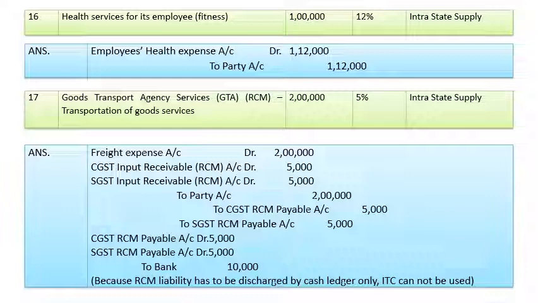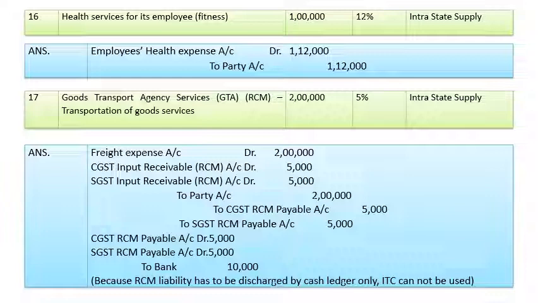Once again I am repeating the entry: freight expense account debit 2 lakh, CGST input receivable RCM account debit 5,000, SGST input receivable RCM account debit 5,000. In this case credit is available, but at the same time you have to create the liability. So to party account 2 lakh, to CGST RCM payable account 5,000, to SGST RCM payable account 5,000, and this liability should be discharged through the cash ledger.